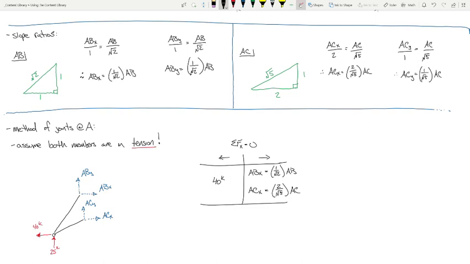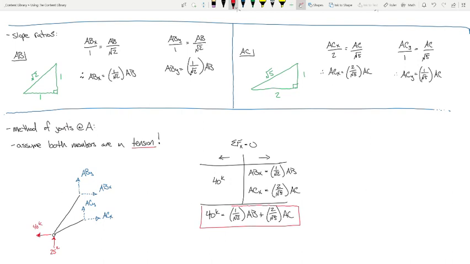The x and y components are just a function of those. So I'm getting to the raw unknowns, which in this case are the actual AB and the actual AC. So what I'm getting is 40 kips equals 1 over the square root of 2 AB plus 2 over the square root of 5 AC. Okay?